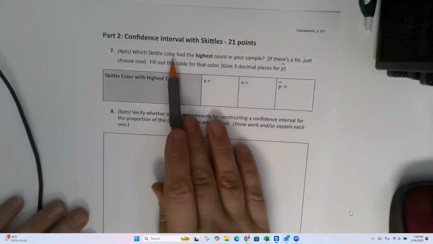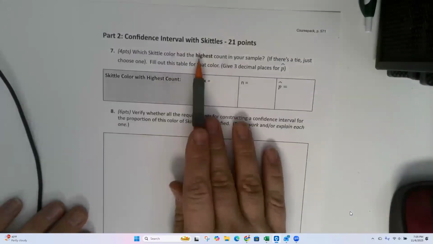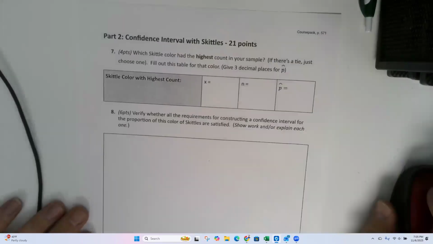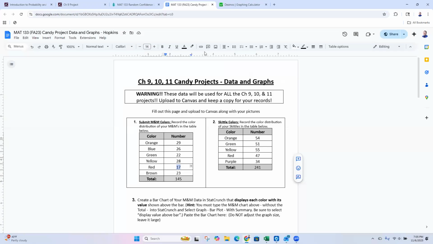That's it for M&Ms. Let's go to page 571. We'll talk about Skittles. Which Skittle color had the highest value in your sample? Which one did we have the most of? All right, so Skittles, I had the most of yellow. Of course, that's the one I don't like. There's a conspiracy there.